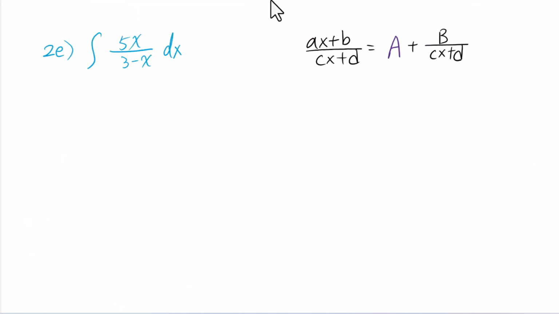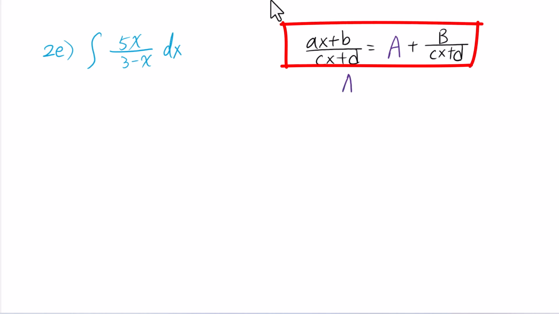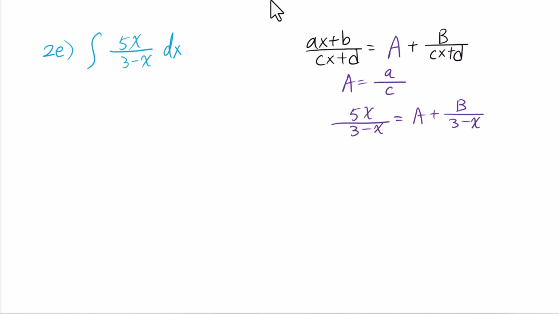Let's go to 2e. We know this is the formula for linear over linear. A equals the quotient of the coefficient of x, a over c. For 5x over 3 minus x equals a plus b over 3 minus x.